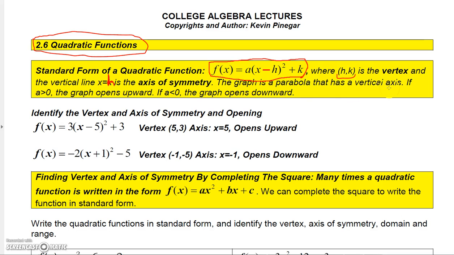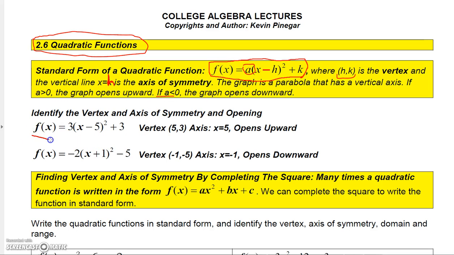Now, if a, this number right here, is positive, the graph opens upward. I just showed you a picture of one that opens upward and one that opens downward. If a is negative, then the graph opens downward. So if I were to give you a quadratic function in this form, you should easily be able to determine those three things.